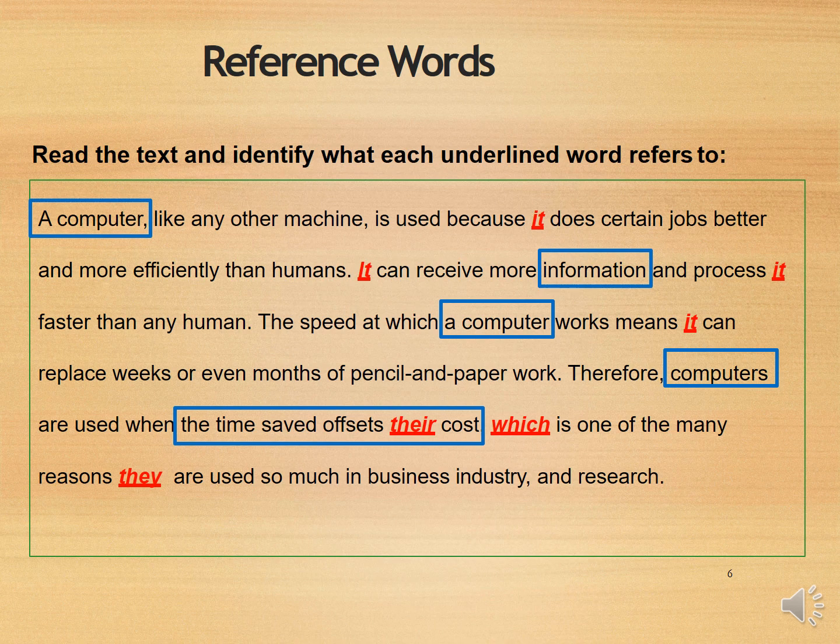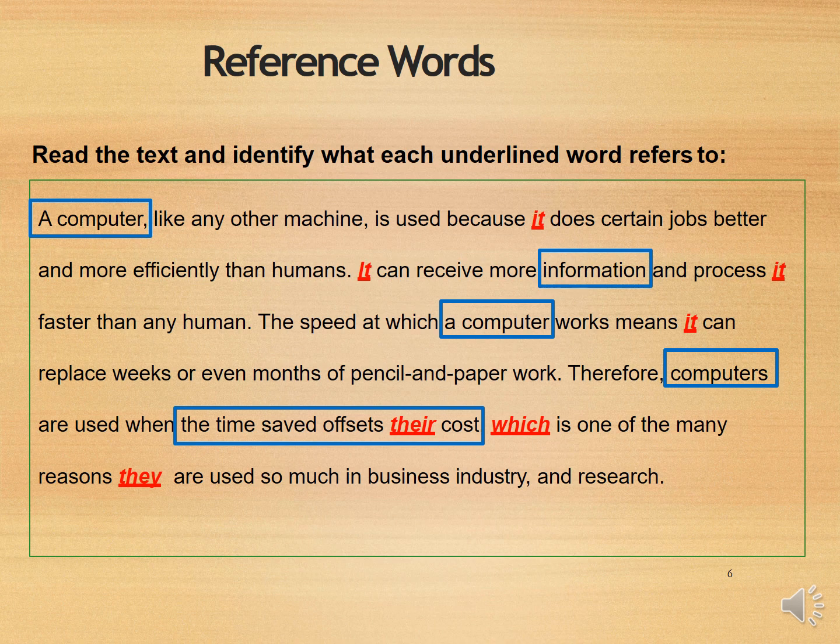So you need to use apostrophe or apostrophe s. We are talking about the cost of the computers, the cost that the computers saved. So the answer here for their is computers' or computers's.